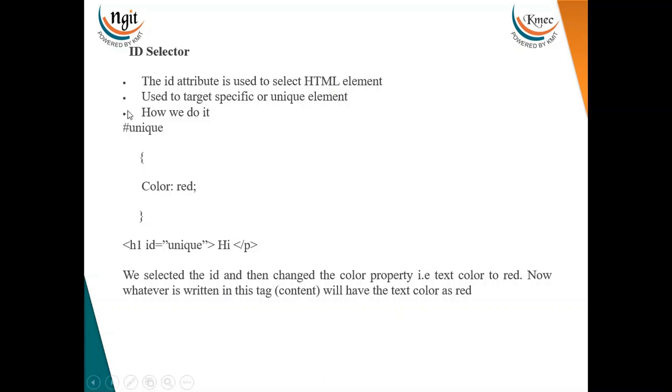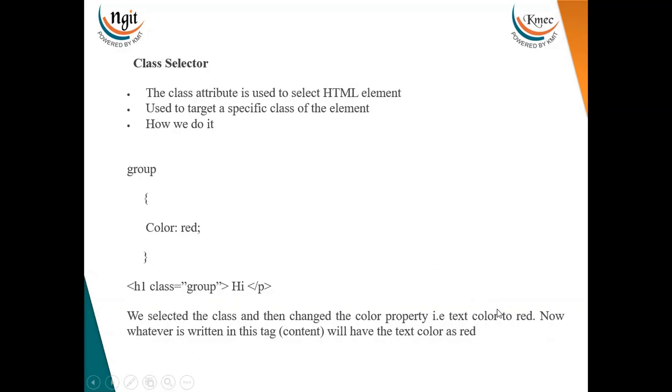How do we do it? Here is the example. Target, call it with that ID. Before that we need to put a hash and give the style part. In the HTML page, I have mentioned it like this: h1 tag ID equals unique. Within the tag you need to mention this attribute. So we selected the ID and then changed the color property, that is the text color, to red.